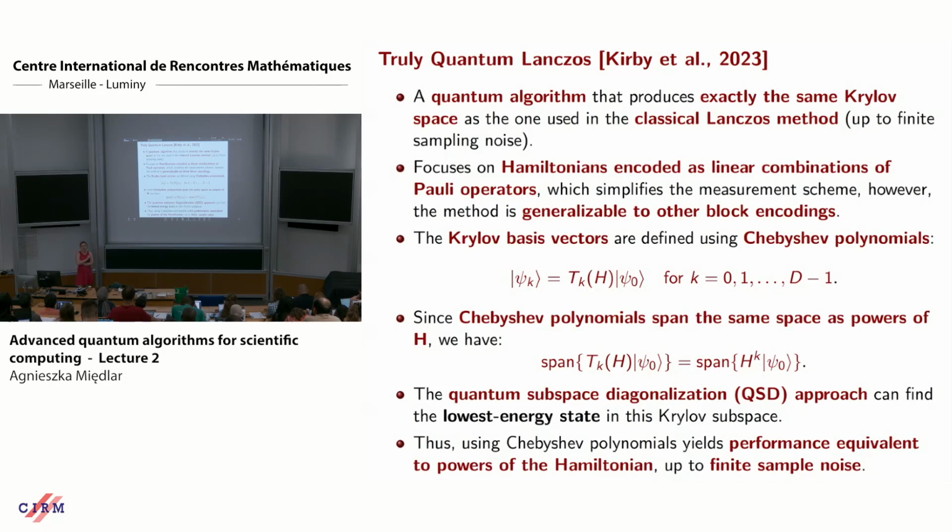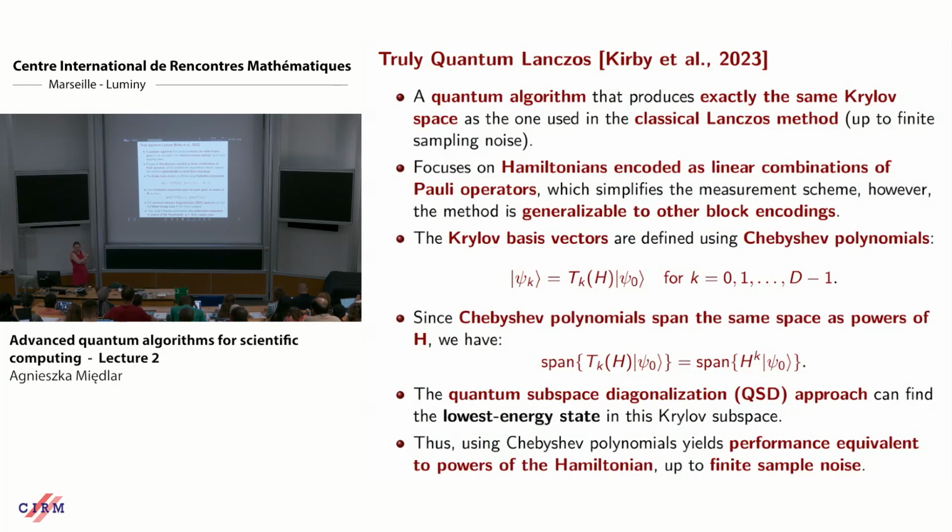So the space will be exactly the same, which is a huge advantage because we will get the same convergence properties and error estimates. It produces exactly the same Krylov subspace, up to finite sampling noise, because of details of how it's implemented.